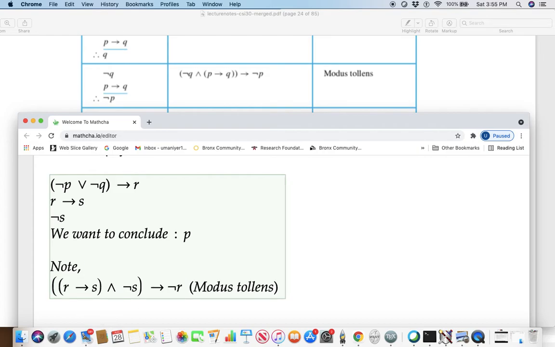That's your first argument. What's the second argument? Once it's not R, we can go back. You see, you have not R, so it has to be not this, right? Another modus tollens.